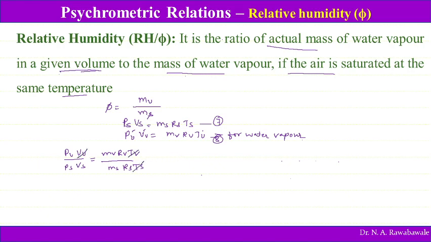Then VV divided by VS gets cancelled because it occupies the same volume. And one thing, RV is the gas constant for water vapor and RS is the gas constant for water vapor at saturation. So therefore this is 0.461 kilojoules per kg Kelvin. This is also 0.461 kilojoules per kg Kelvin, because this mass is the mass of saturated water vapor and this is the mass of water vapor. So that is nothing but the gas constant for water vapor and this is the gas constant for water vapor at saturated conditions. So therefore RS, RV also gets cancelled.